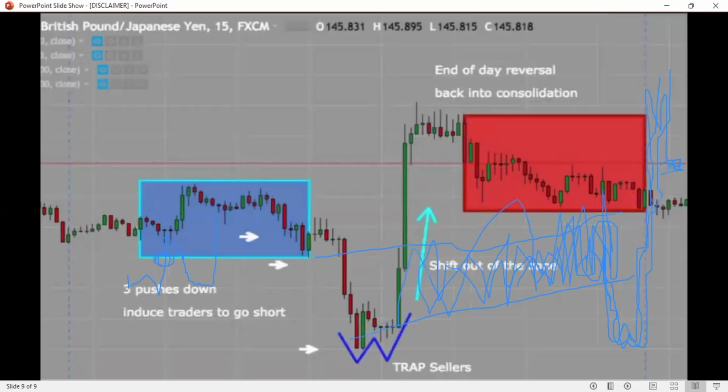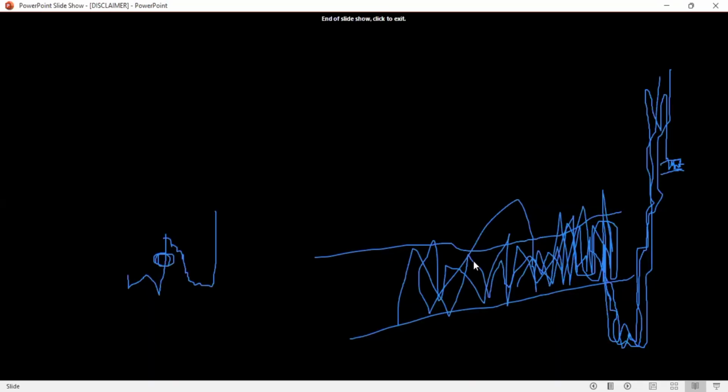This is another diagram illustrating that. This is where we call this the low. When the pattern comes, that means it has given us a low of the day, and then we move back into consolidation. So that's all simple stuff.